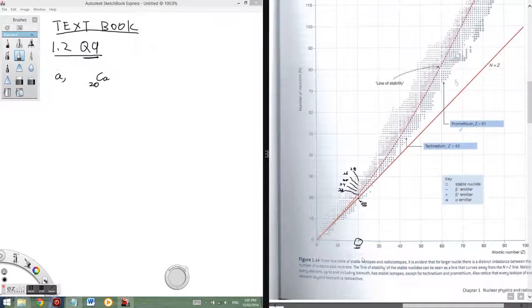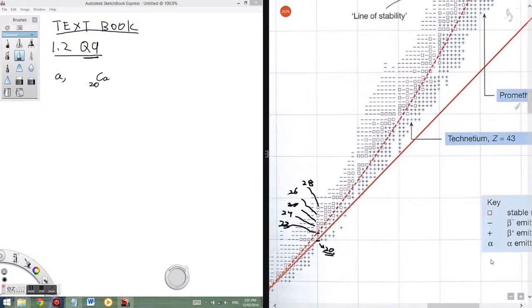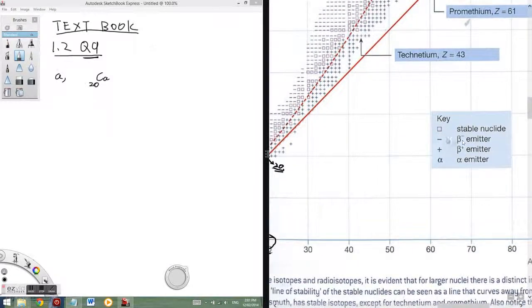I have the atomic number, the number of protons, down below, and the number of neutrons here. Each dot here indicates an isotope, whether they are stable or not. Look at the key. If it's a square, it means stable.